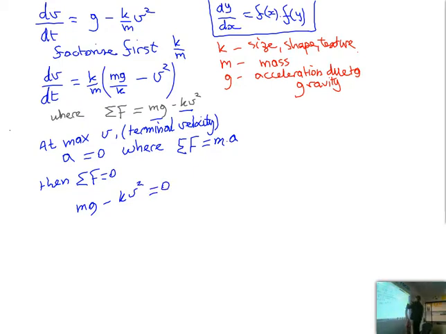And when we get to our terminal velocity, then our velocity is no longer going to be some variable changing velocity. It's going to be some constant velocity, which we're going to call Vt, standing for terminal velocity.